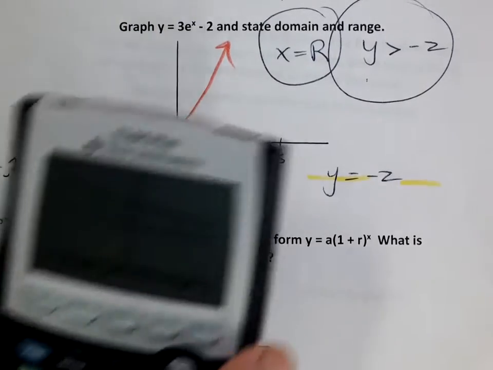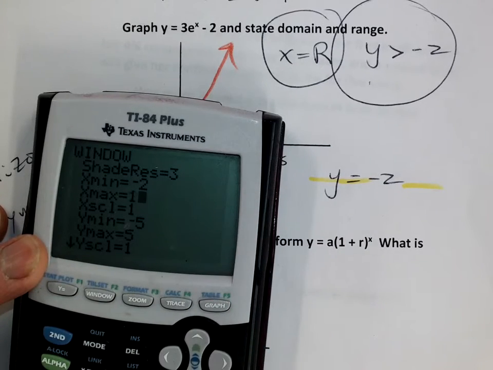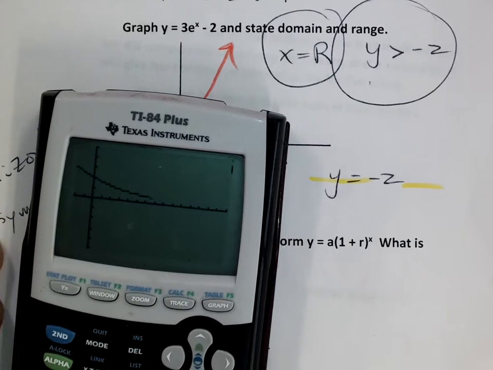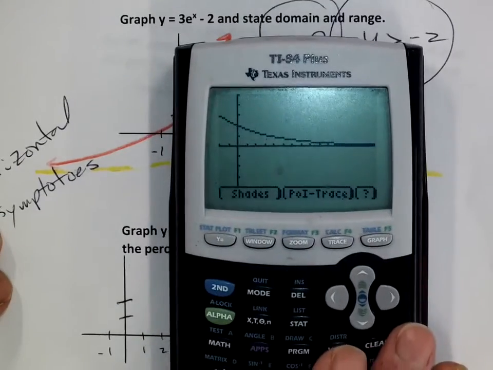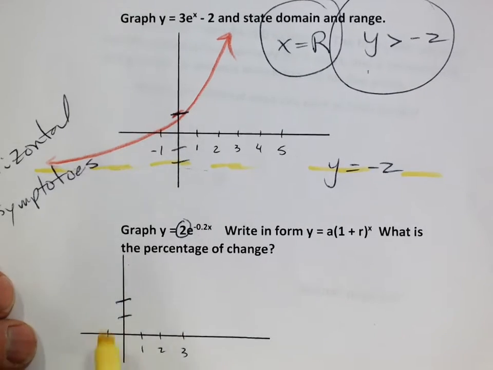And I believe if I do my trace button, let me do a better window. Go to maybe 15, graph. You'll see it dives down, but it's never ever going to touch 0. It looks like it does, but it never touches it. It goes closer and closer to that. So I'm going to have a horizontal asymptote again at 0. Okay, and that's the parent function.